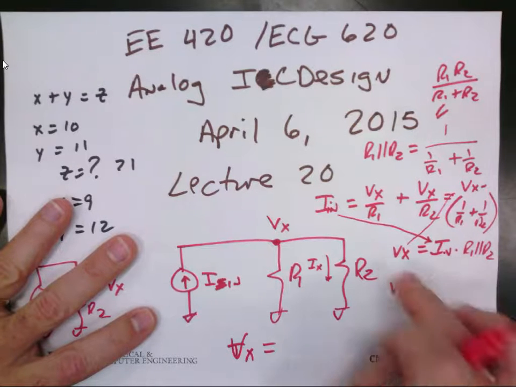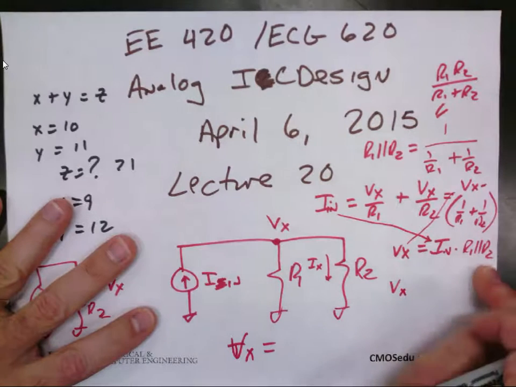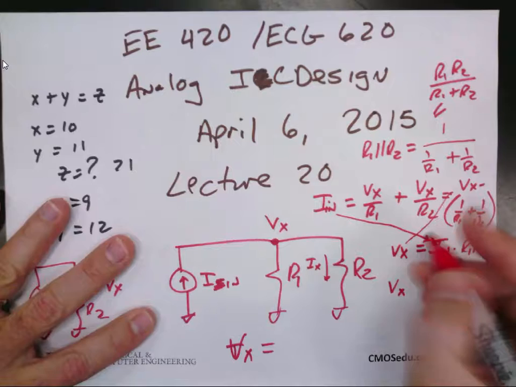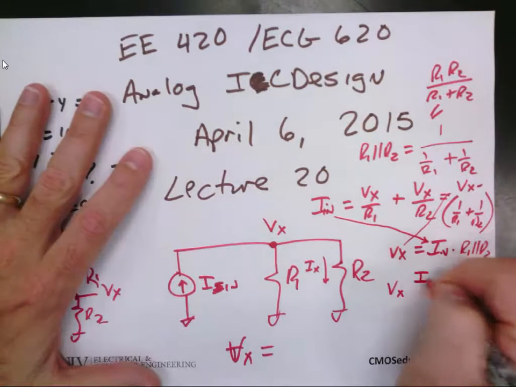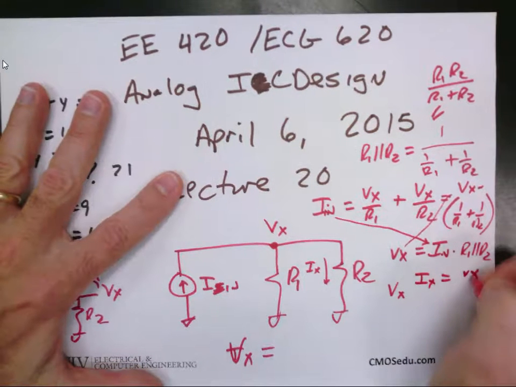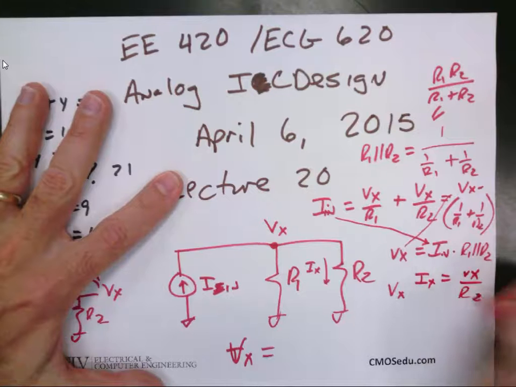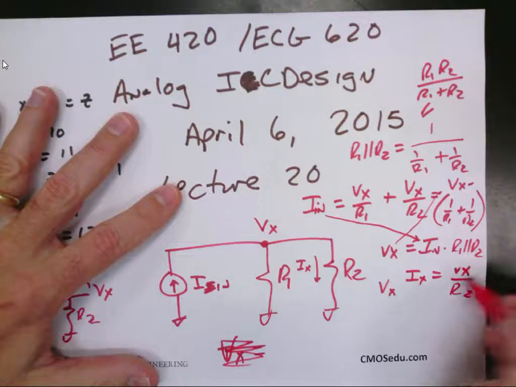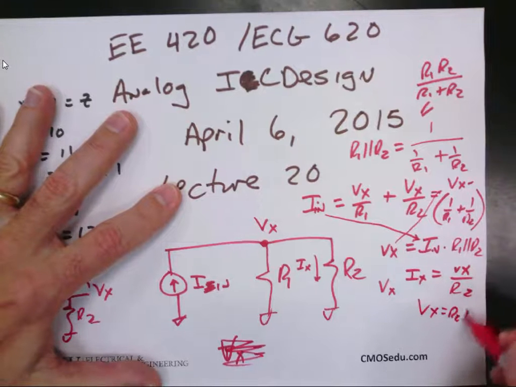Let me think here. Vx, IN, R1 parallel. What's that? Yeah. So Ix equals Vx over R2. Oh, we're done then. All right, that was easy. So then we plug Vx in here, which is Vx equals R2Ix.